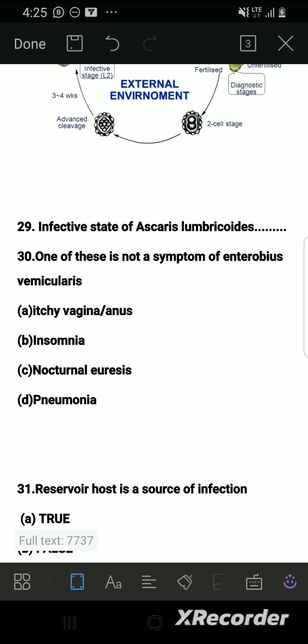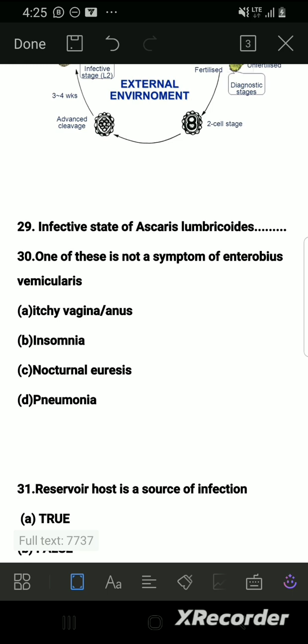So in Ascaris, they are found in the intestine and act in blockage of the intestine. So what happens then? It causes abdominal pain. So that's what you should know in Ascaris.